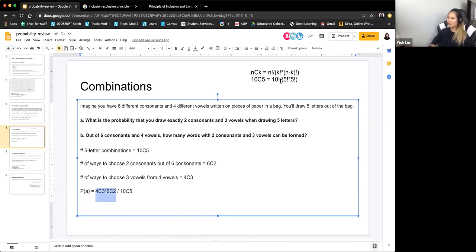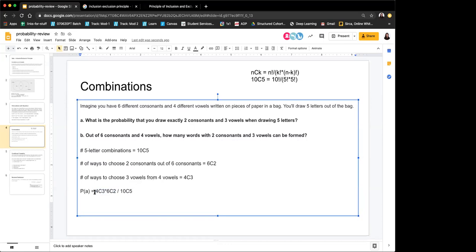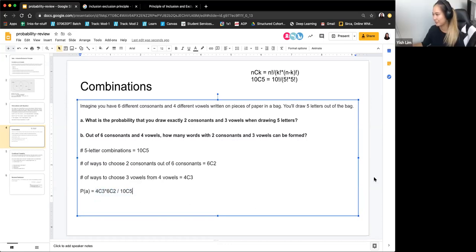It's because you have that many different ways of doing 2 consonants, and every time, so let's say you have combination 1 of 2 consonants, that combination can be with any combination of 3 vowels. Okay. And so that's why you're multiplying them together. Yeah, it took me a while to string that into words. But yeah, so that's part A. So you'll just do this and that's the probability.